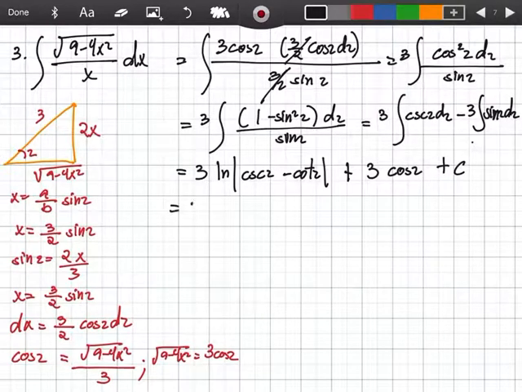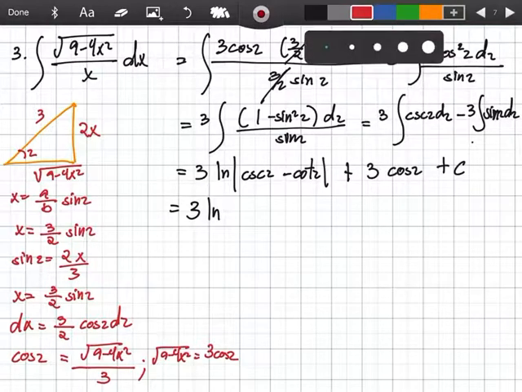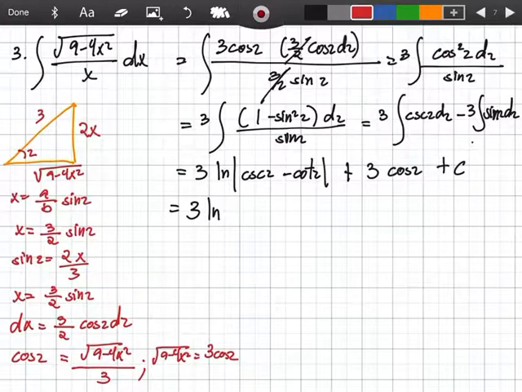And then, transform na natin. Wait lang. May value ba tayo ng cosecant z? Wala tayong value ng cosecant z. So, ang cosecant z ay ano? Cosecant is the opposite of sine. So, kung ang sine z ay 2x over 3, this is 3 over 2x.